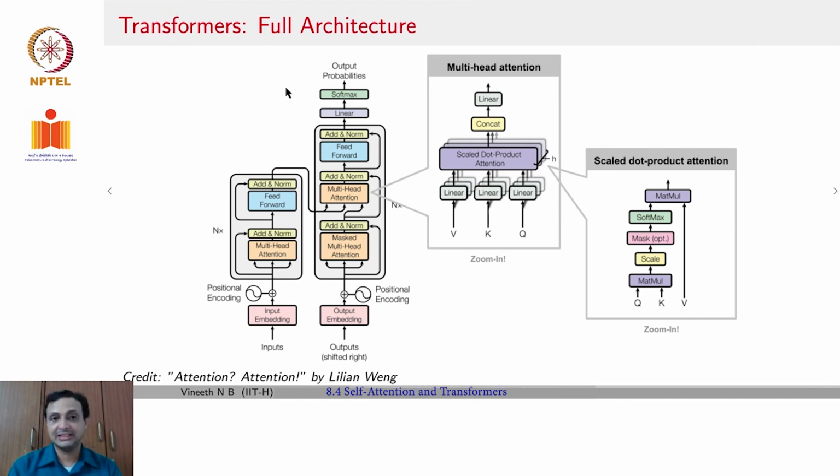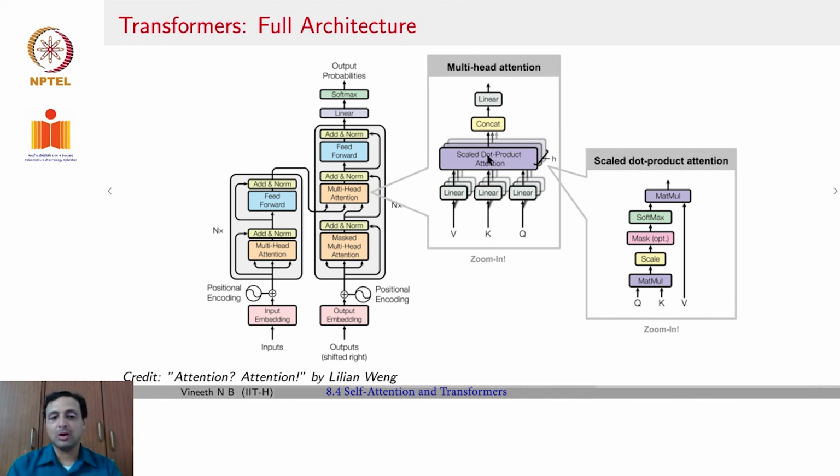You have ideally 6 such stacked encoders, and similarly you have the decoder as we just spoke, which has a masked multi-head attention mechanism, add and normalize, then a multi-head attention mechanism, add and normalize, feed forward, add and normalize, and you once again have 6 such modules stacked on top of one another.